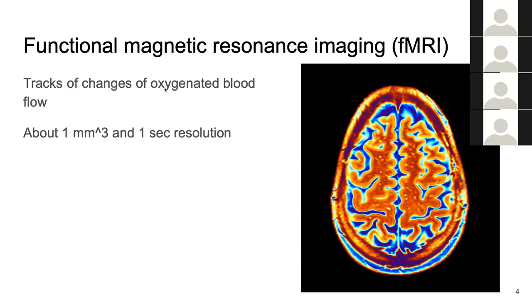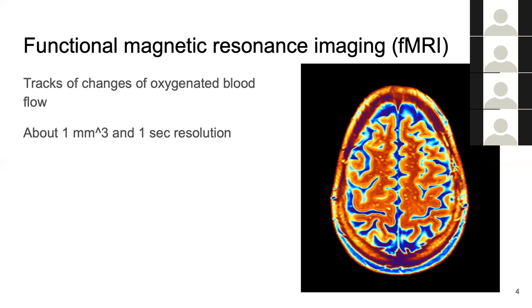It has about 1 second of temporal resolution and about 1 millimeter cubed of spatial resolution. So it's not exactly precise in terms of both types of resolution, but as for temporal resolution, it's very good and it can be used in a lot of settings.